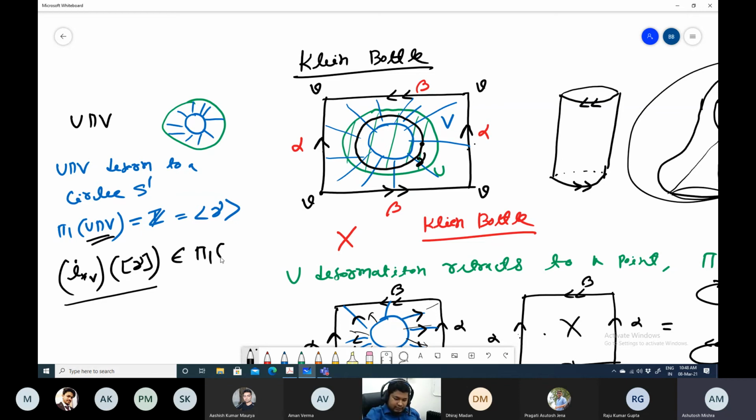So what is alpha? Alpha cross 0 or 0 cross alpha? No, this is this circle, right? This is this circle going in this direction. Now what will be the form of gamma in terms of alpha and beta?